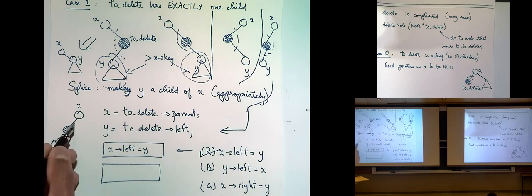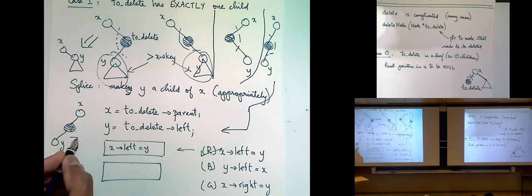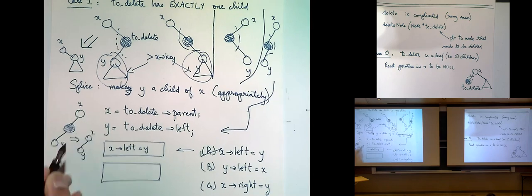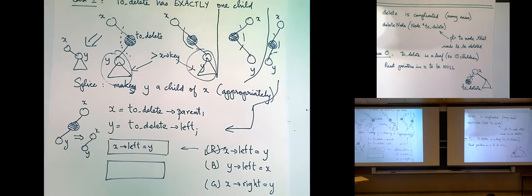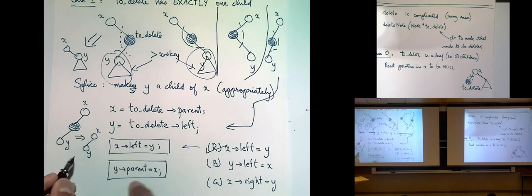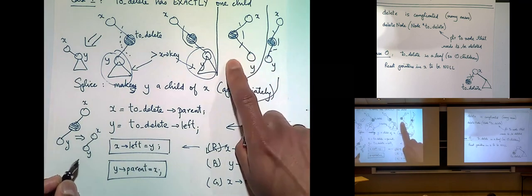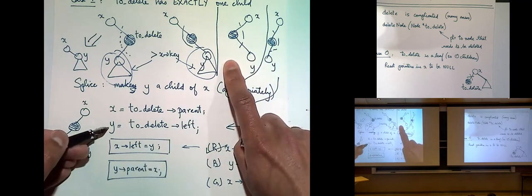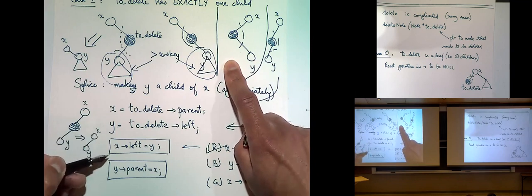So you see that I'm going to replace this tree with that. Right? That's the splicing operation. So x arrow left is equal to y, and y's parent is equal to x. Right? And so in this case, y becomes defined differently, but the fix is the same.